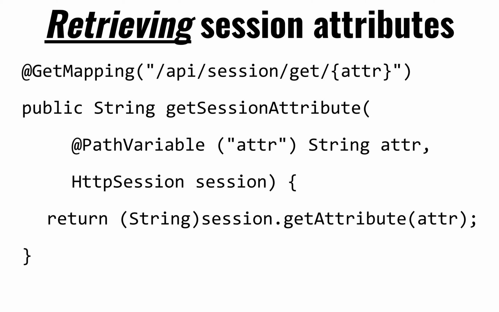So it's really a map of objects. So whenever I retrieve an attribute, it comes back as a generic object. So I need to cast it back to the original type when I stored it in there. So I have to remember, if I stored a user object, to then cast it back into a user object when I retrieve it.